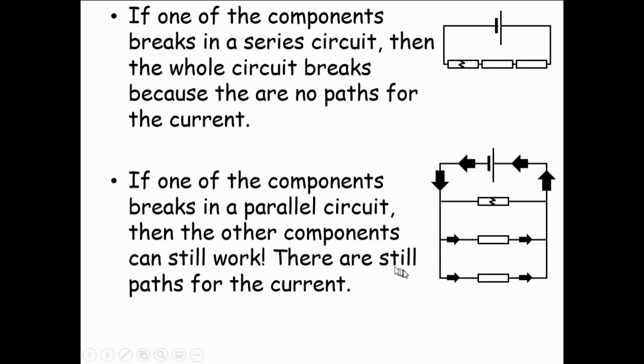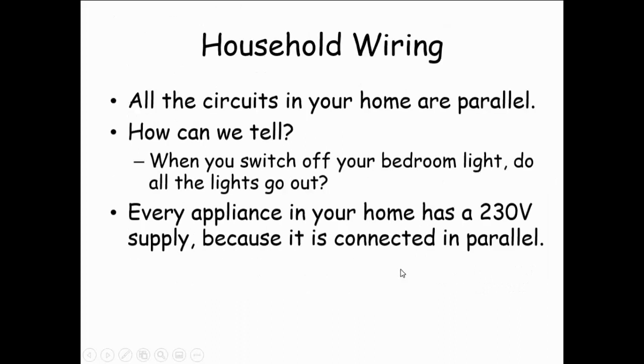And that would be the same in all household components. In your house, everywhere, it's parallel. It all gets 230 volts. And we know it's parallel because we can independently switch things on or off to suit us. Hope that helps.